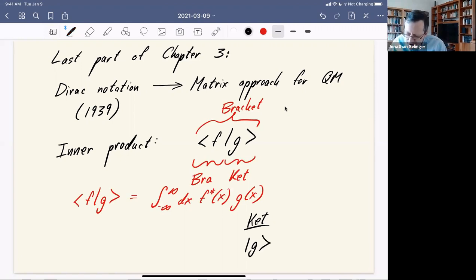And so it has this vertical line, like an absolute value symbol, and then the label, and then this right side angle bracket. This means, won't say equals, but it means g of x. So it is a wave function.